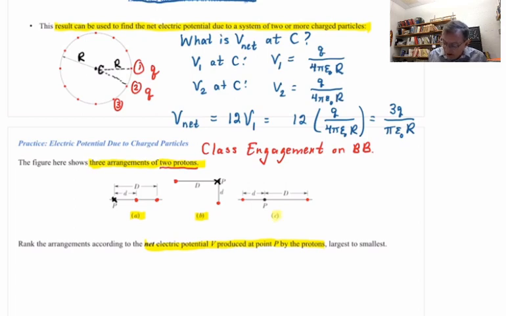And in picture C, the point P is right here, and 1 proton is to the left by a certain amount, and 1 proton is to the right. And again, your job is to find an expression for the net electric potential at each of the 3 places, and then rank them from biggest to smallest at the point P in each case, okay?